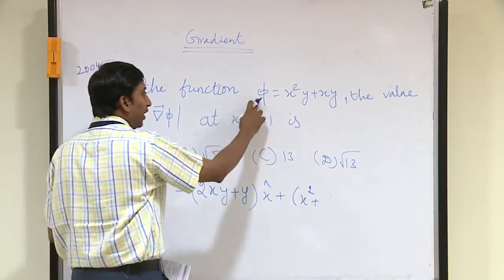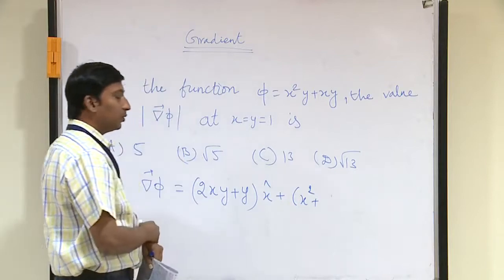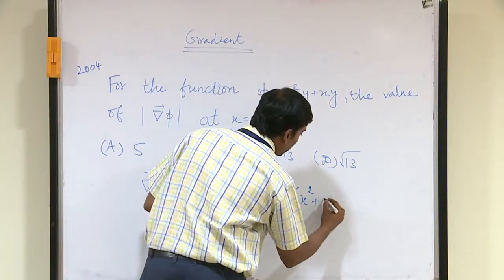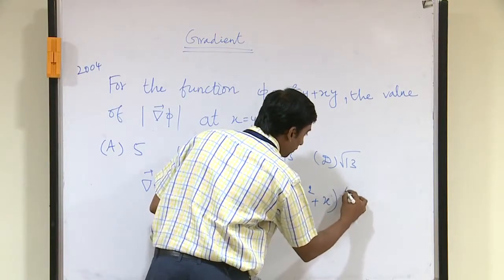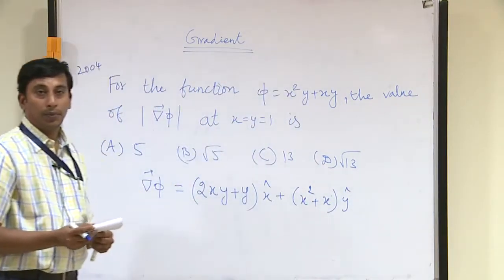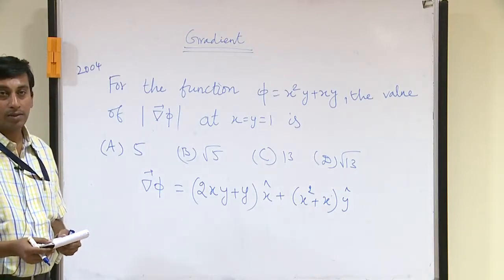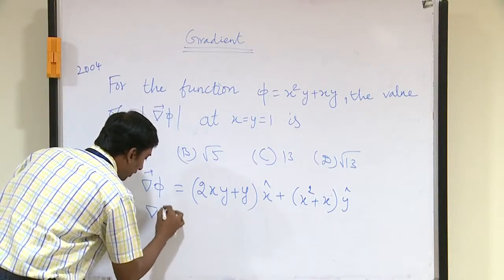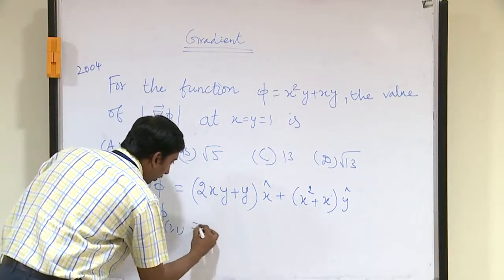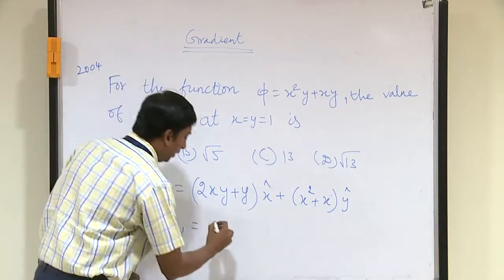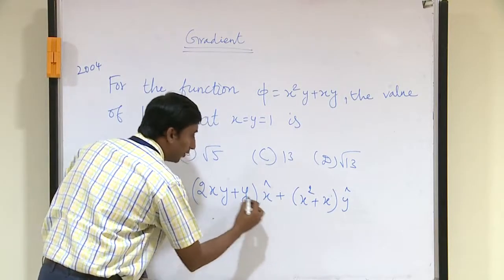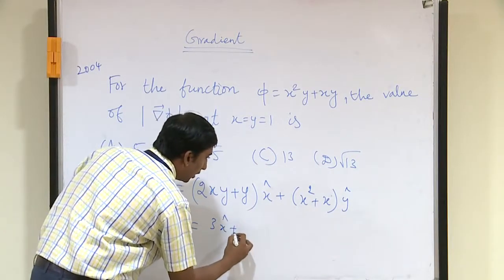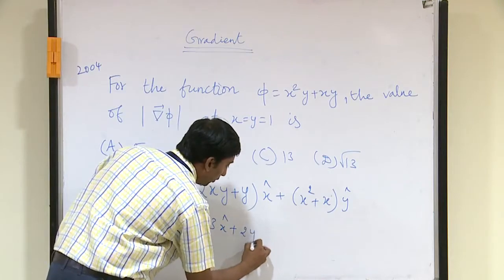So dou phi by dou y is x square plus x, into y cap. Correct? Okay. So where do we need to evaluate? We need to evaluate grad phi at (1, 1). What will that give you? 3x cap plus 2 y cap.